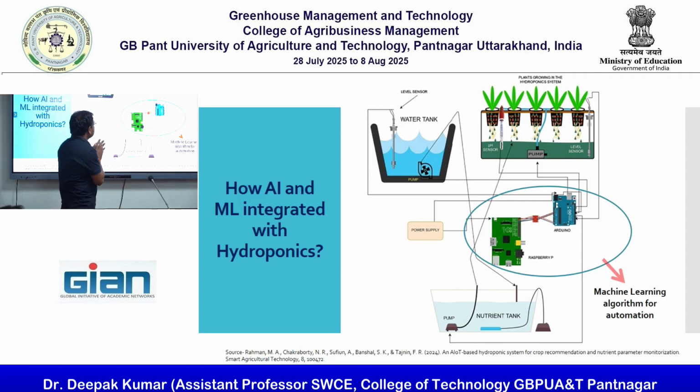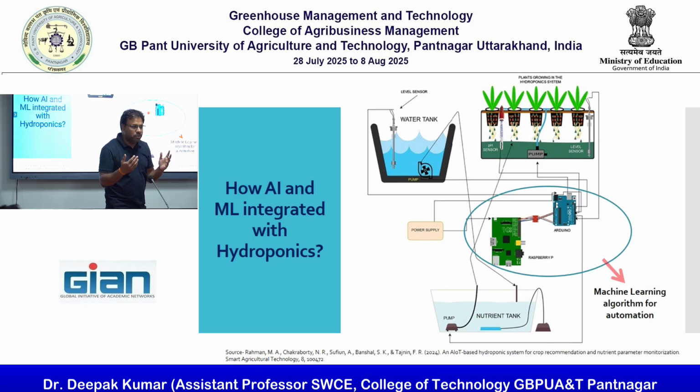These three parameters, the pH sensor, the level sensor, and the water which comes from this tank, are monitored by an automated system. In that automated system, there are a lot of things. For example, Arduino is available in the market, and if you know programming, you can take the Arduino, program it, and do it on a lab scale.